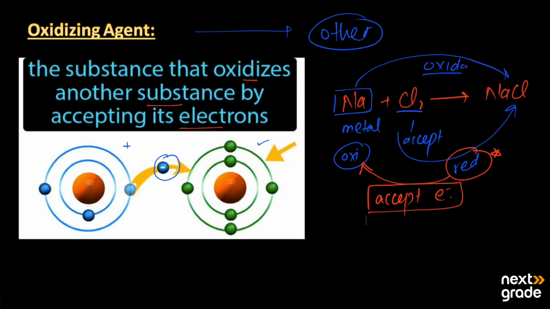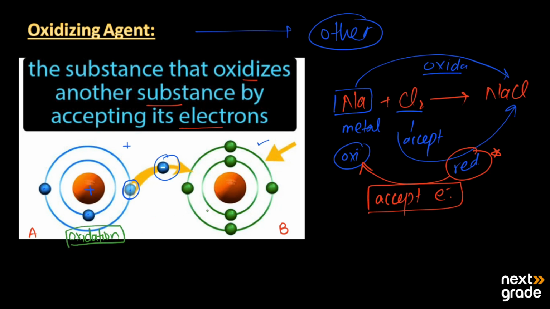Likewise, in this diagram, you can see the central nucleus with electrons revolving around it in circular orbits. It loses its electron. So we can call this substance A and this substance B. Now, substance A loses the electron, so here the process of oxidation takes place.